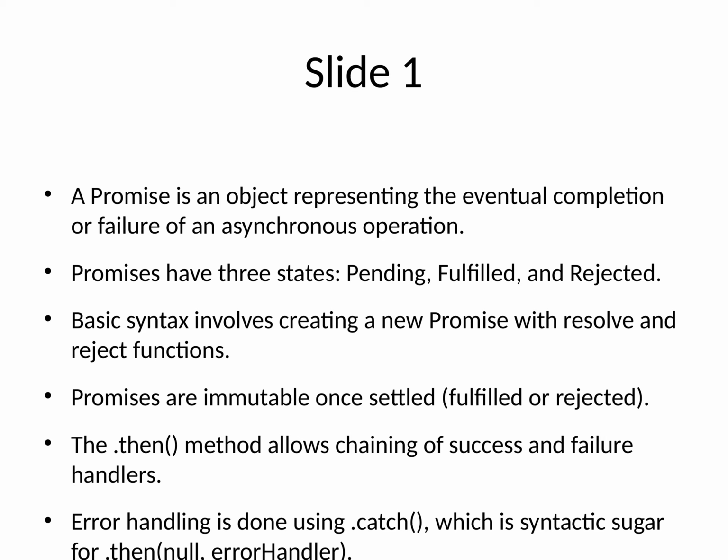JavaScript also provides several static methods for working with promises. Promise.resolve creates a promise that is immediately resolved with a given value. Promise.reject creates a promise that is immediately rejected with a specified reason.